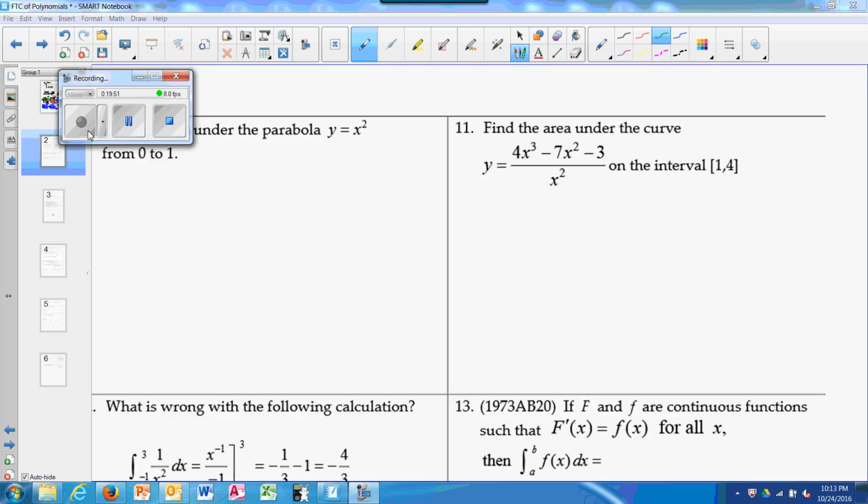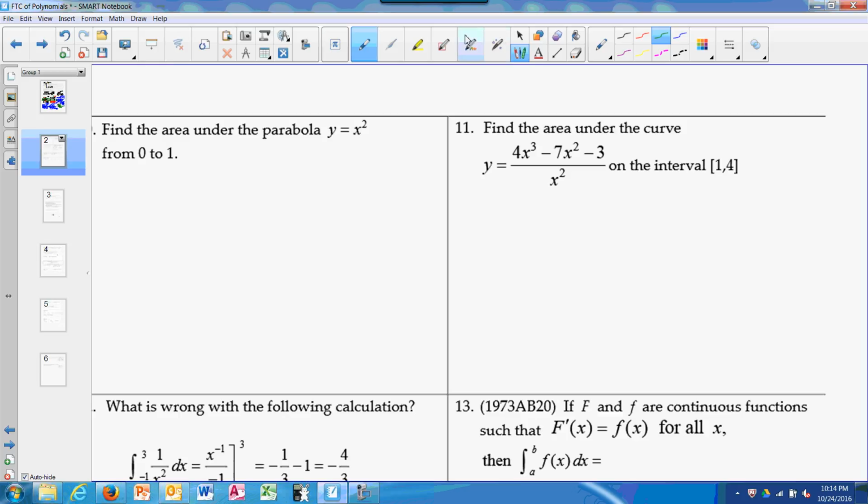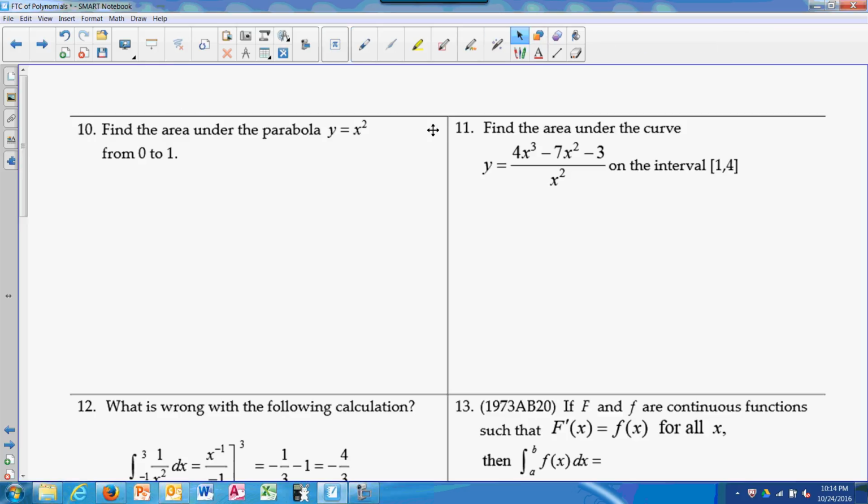Okay, so as we continue, we're going to take the derivatives using some different methods and using some different checks for AP problems.